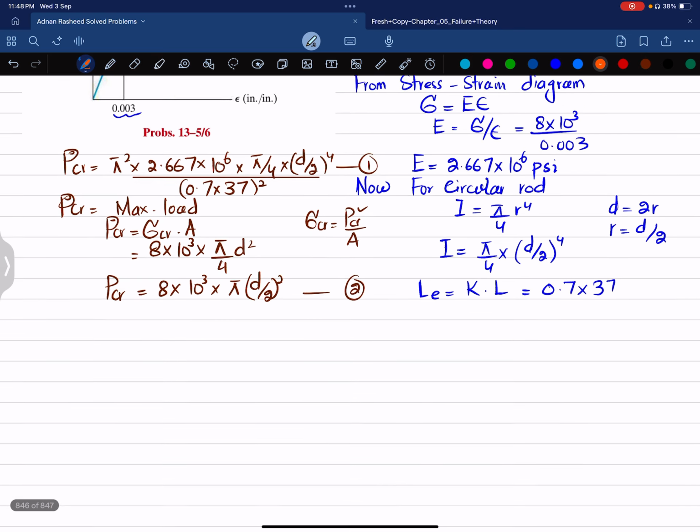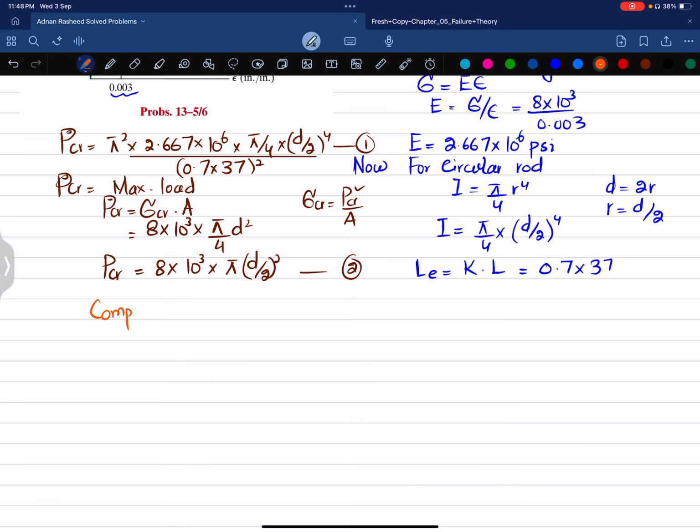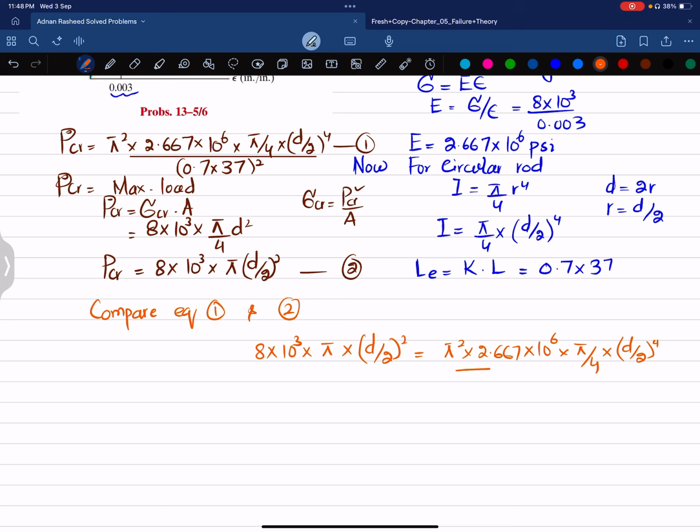So what we will do is compare equations 1 and 2. We will get 8 multiplied by 10 raised to power 3 multiplied by pi multiplied by d divided by 2 whole square is equal to pi square into 2.667 into 10 raised to power 6 multiplied by pi by 4 multiplied by d divided by 2 whole power 4, divided by 0.7 square multiplied by 37 square.